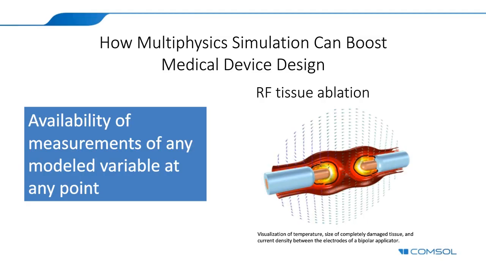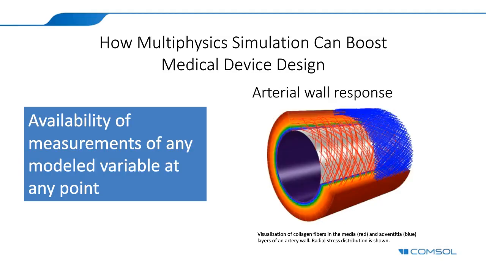Everything boils down to the ability to access values, numbers, intuition, insights in locations where it would be impractical sometimes, if not impossible, to place a sensor or disturb the environment around the sensor and then affect the measurement. So lots of insights can be gained when you use simulation.